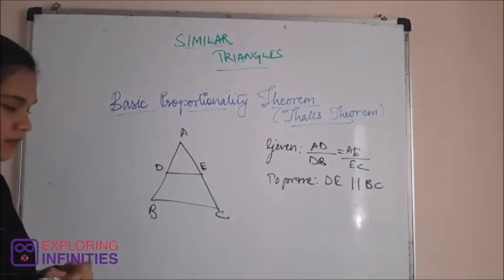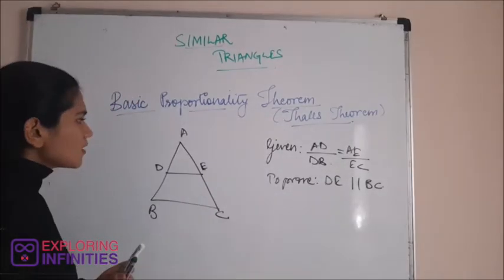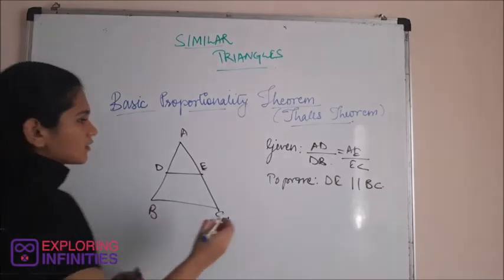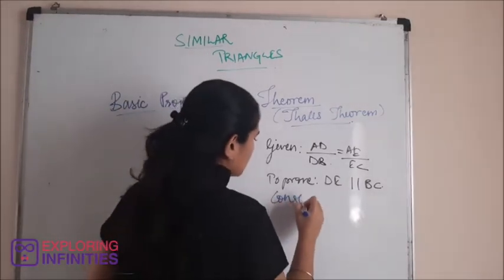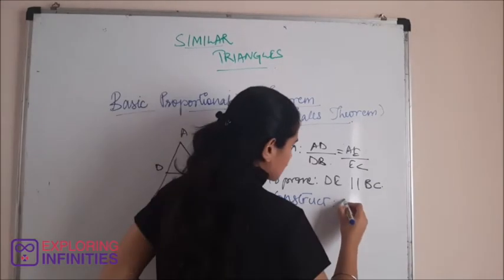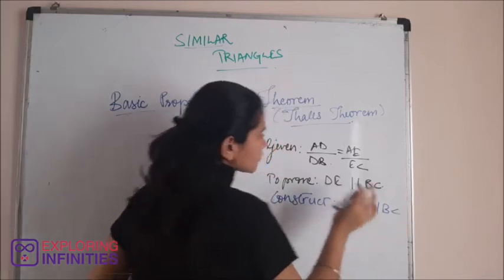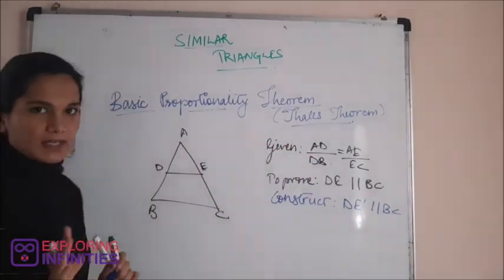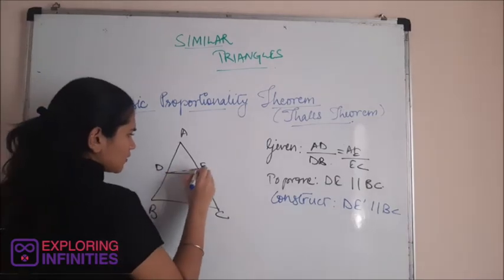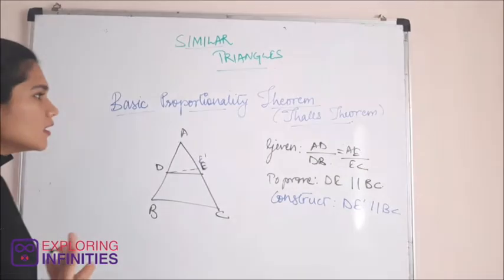Now, for proving DE parallel to BC, we have to construct something. We would construct a line DE dash, which is parallel to BC. So, we will assume that DE is not parallel to BC. That is why we construct a line DE dash, which is actually parallel to BC.